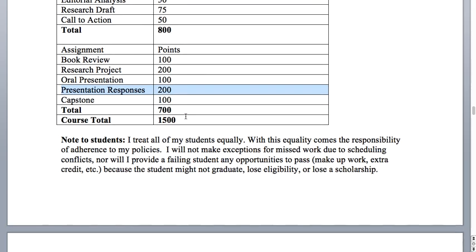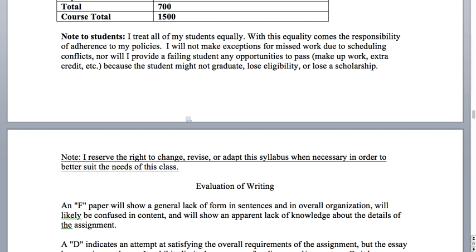Some important things: I do like to treat all of my students equally. With this equality comes the responsibility of adherence to my policies. I can't make exceptions for missed work due to scheduling conflicts, nor will I provide a failing student opportunities to pass because the student might not graduate, lose eligibility, or lose a scholarship.